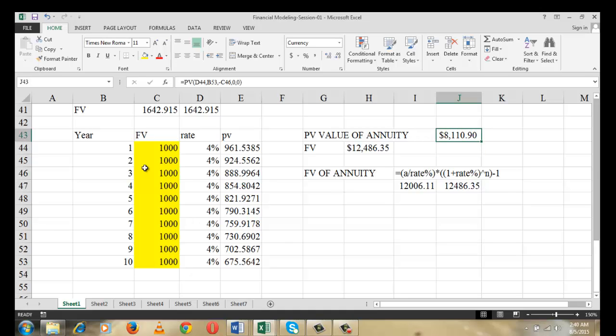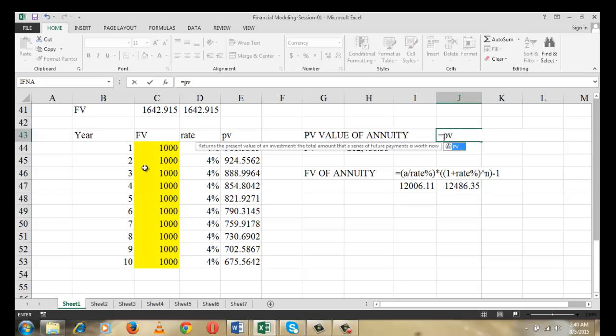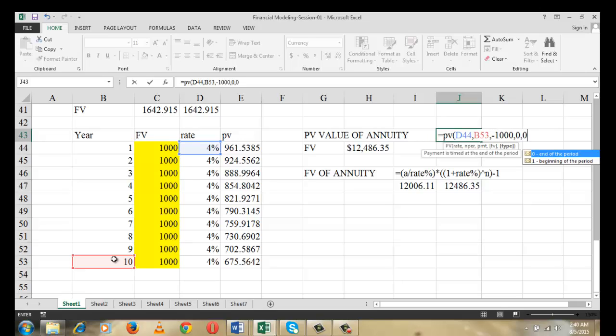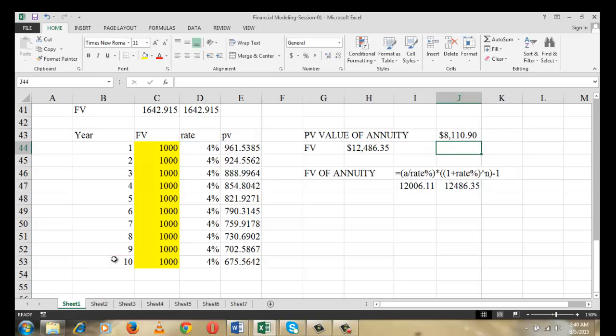You can do this calculation with this formula: PV bracket open, rate is 4%, NPER is 10 years, PMT here would be 1,000, FV would be 0, type would be 0.